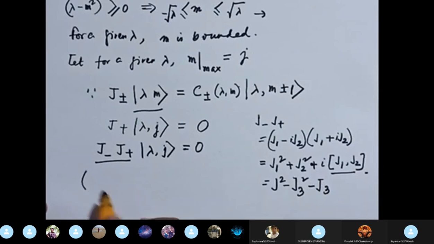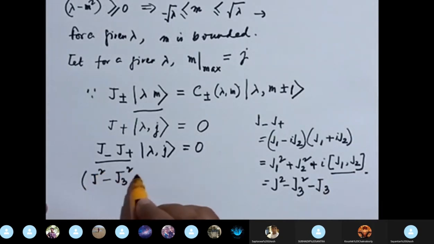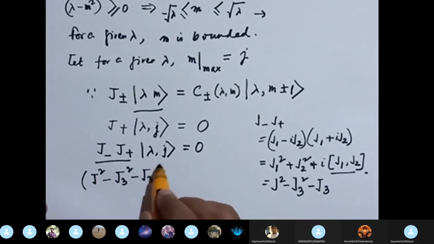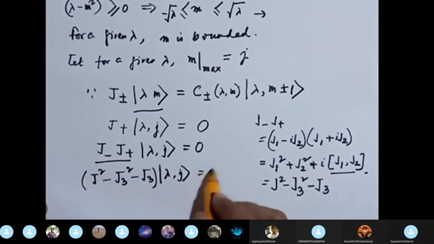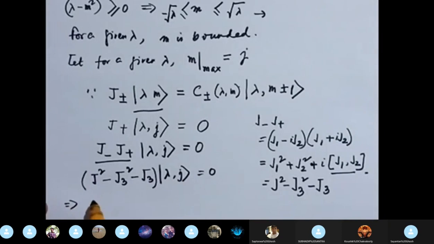So this is J square minus J3 square minus J3 acting on lambda, j equal to 0, which will give you J square on this is lambda, minus j square minus j.